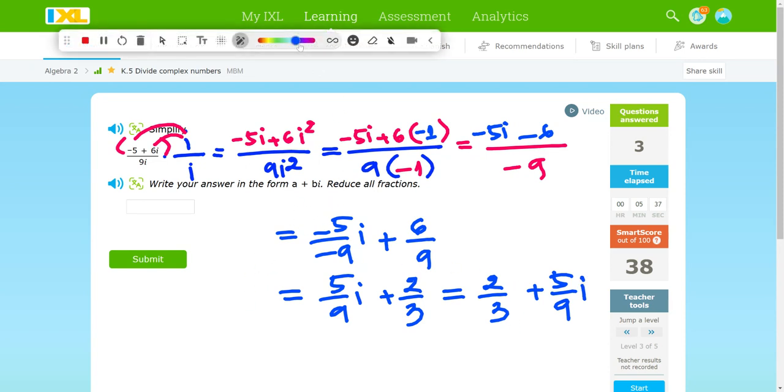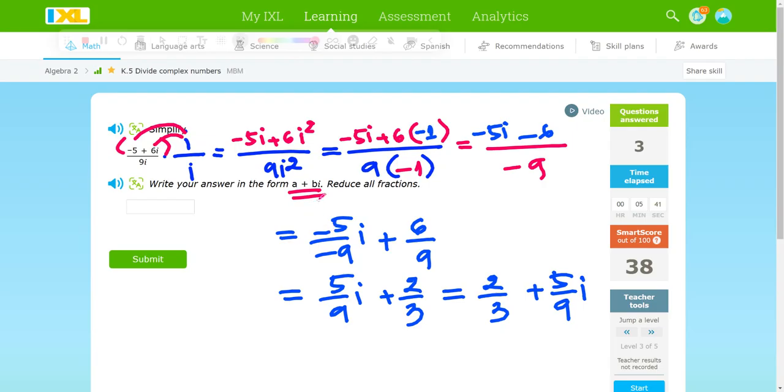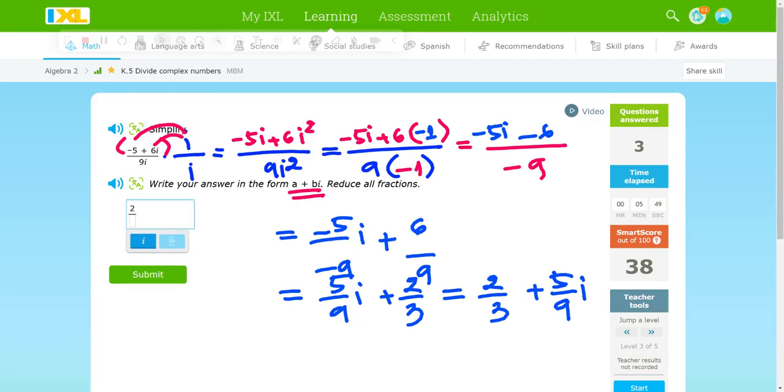The reason is they want the answer to be in a plus bi form. Okay, so I put my answer right here. 2 over 3 first, move cursor over, plus 5 over 9, and then I. Voila.